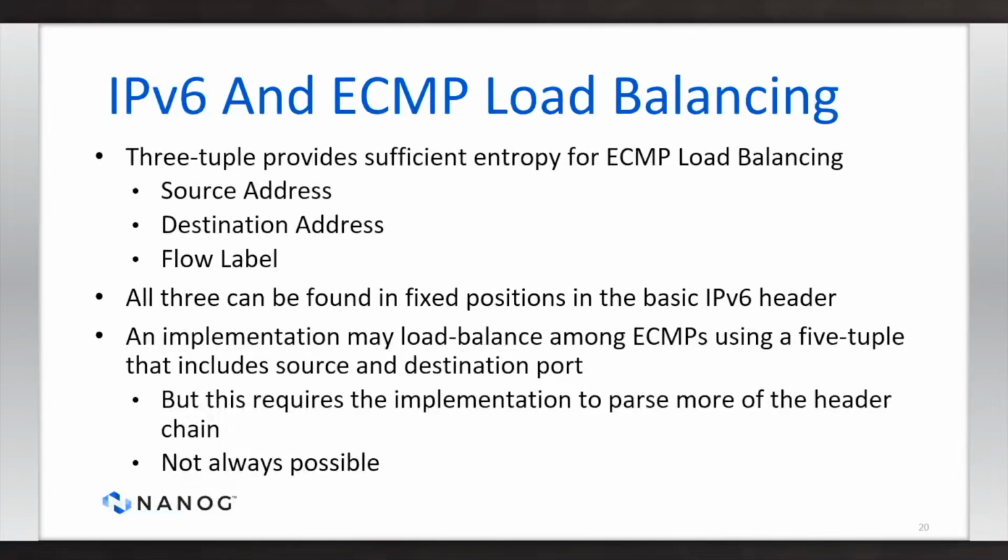So if you're going to do load balancing on those 3, it's really nice to have them in a fixed position at the beginning of the packet. Now, an implementation may also load balance using a 5-tuple that includes the source and destination port. This requires the implementation to parse more of the header chain to get out to see what the source and destination port is. Sometimes this is possible, sometimes it's not, depending on the hardware. But in most cases, it is possible.